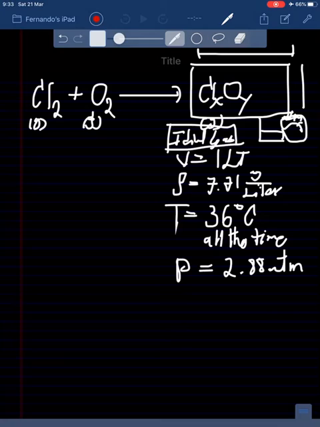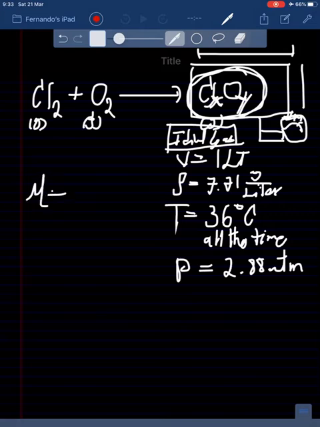And the objective is that I need to know the identity and the proportionality of what I have. I must have something like this, but I am missing the proportions. Let's see if I can find out the proportions and propose a solution to the system. So remember that the variable that we are trying to find out here is the molar mass.